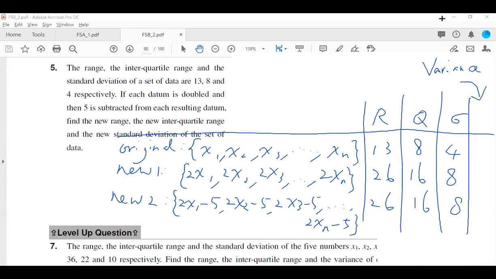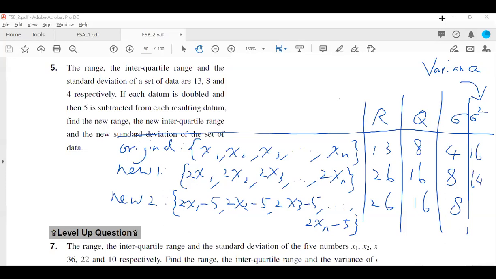Variance is sigma square. Okay. So if the original sigma is 4, then original sigma square is 16. Okay. And then after the doubling, the sigma is 8, which means that the sigma square will be 64.